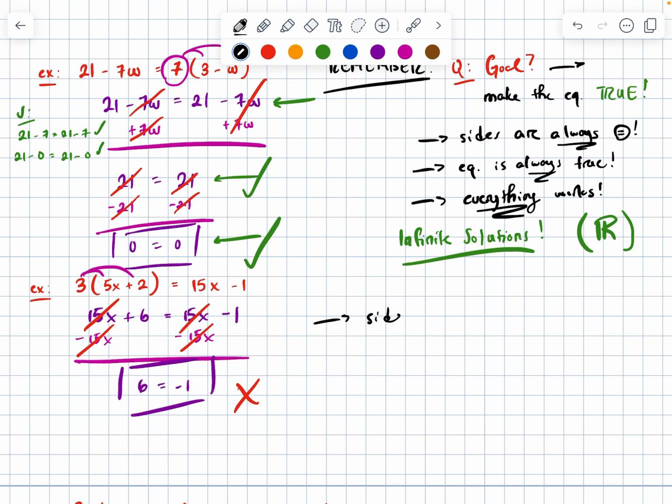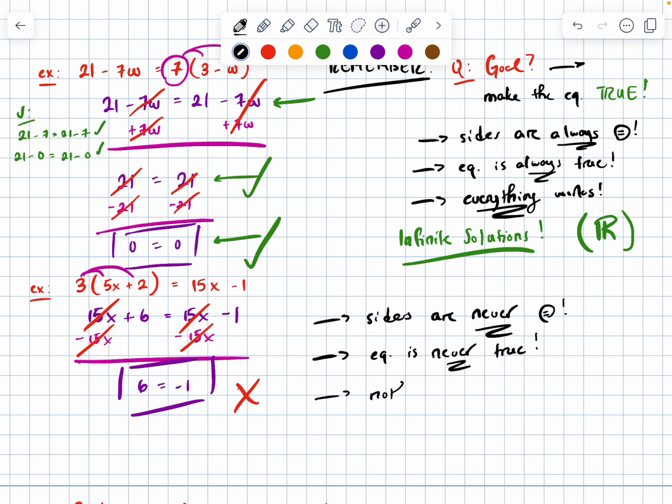So the idea here is that unlike above, where my sides were always equal, here, the sides of this equation will never be equal to each other. I can never make 6 equal negative 1. So if I can never make my sides equal to each other, that means that I can never make the equation true.